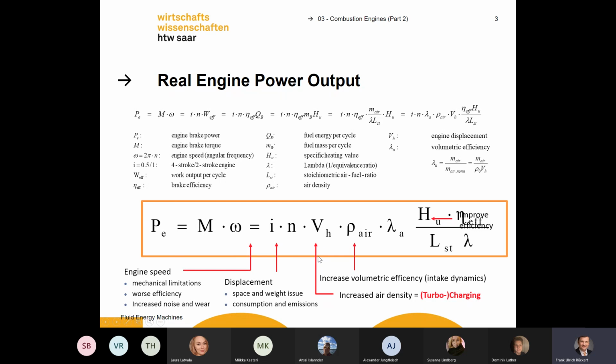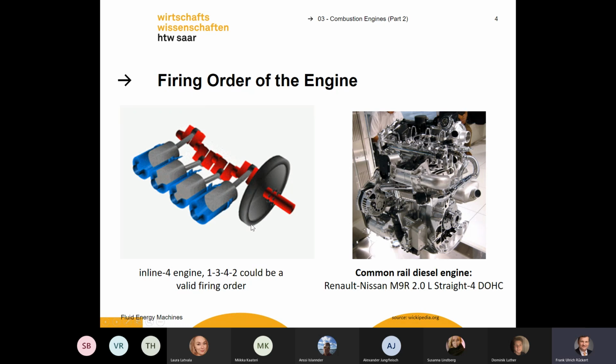The turbocharging was invented normally for airplanes. When the airplanes fly into a higher altitude, the air is much thinner and you have to compress air to get the right density.